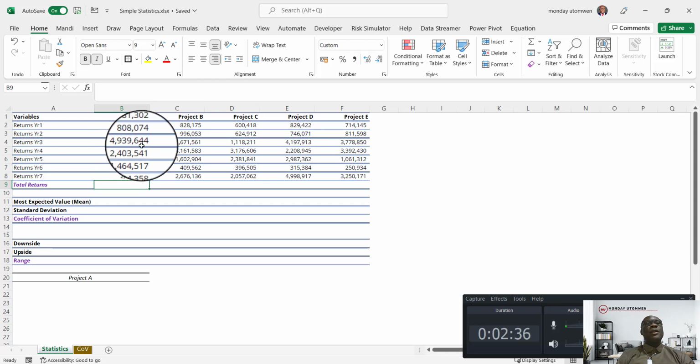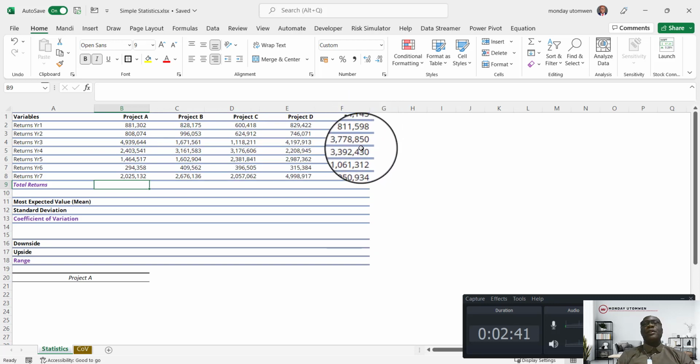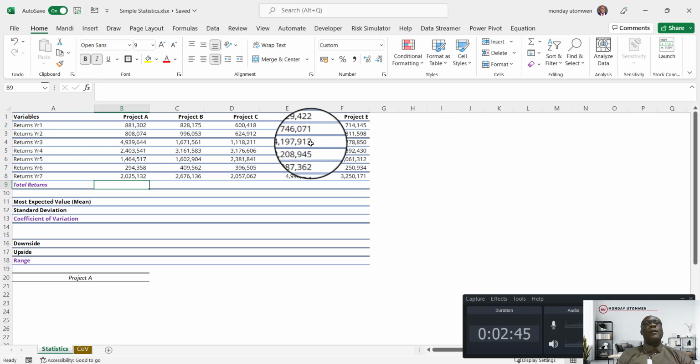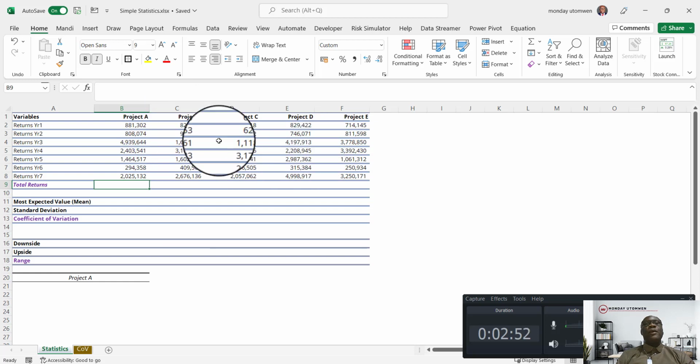Look at project A doing fantastically well. But project D is coming up in year three. So should we then choose A, D, or A, B, or B, E?